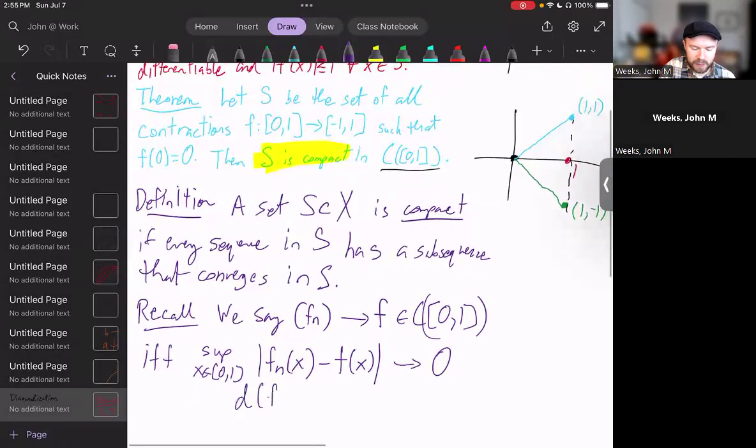This is because this is what is meant by the distance between the sequence elements f sub n and f: you take a supremum of the absolute value of the difference of each of the valuations of this function.